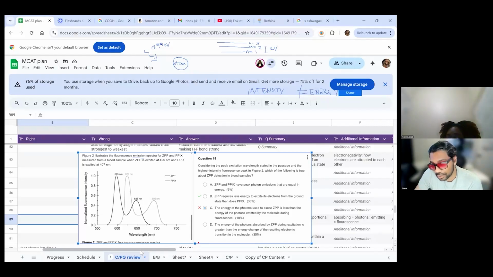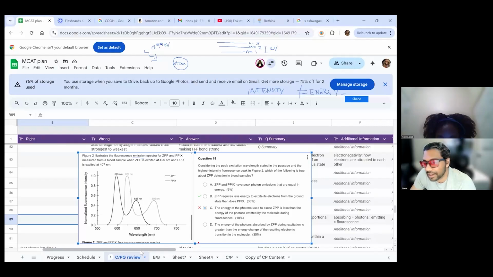We're not putting more energy into it. Think about intensity as the number of photons. And this corresponds to brightness. Okay.